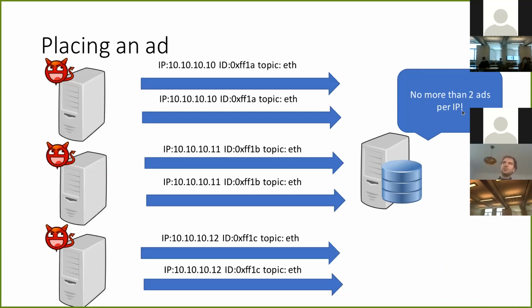Is it 2, or maybe 5, or maybe 10? It can differ, because even if now we know the size of the network, we don't know what it's going to be in 6 months or in 1 year. And also, you can imagine that there are sometimes multiple nodes behind the NAT. So if we put arbitrary limits, it's very difficult to make it work.